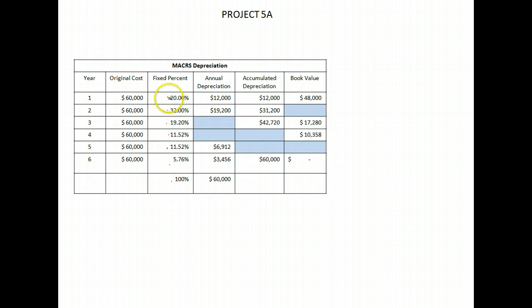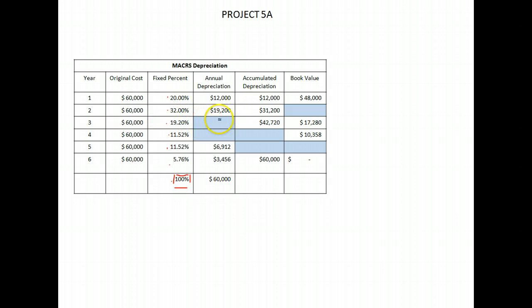Okay, the first year it depreciates by 20% of its value, the next year by 32% of its original value, 19.2%, then we have 2 years that it depreciates by 11.52% of its original value. And finally, in the last year, it depreciates by 5.76%. Notice at the end, you've totally depreciated. You're down to 100% of the value is gone. There is no salvage value when we're using this type of depreciation.